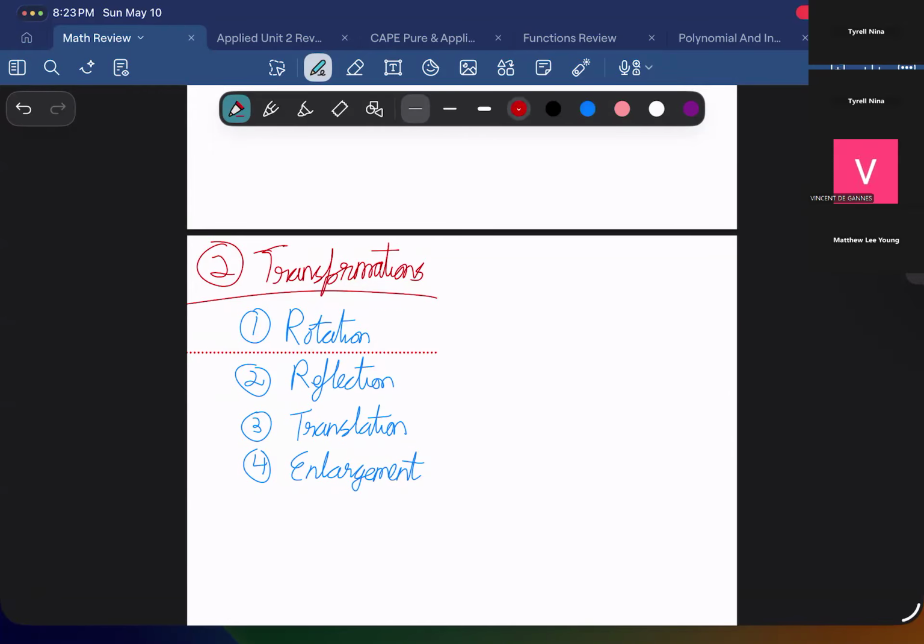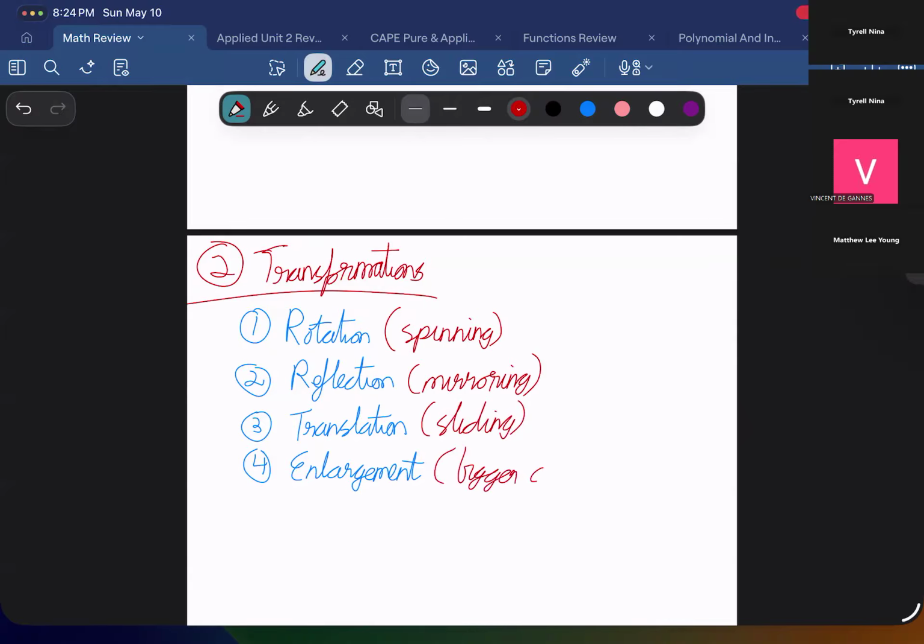Right? And what does each one represent? Rotation is basically spinning. Now, there's proper words for it, but I just put it in words that you'll understand. Mirroring, sliding, bigger, more, smaller.